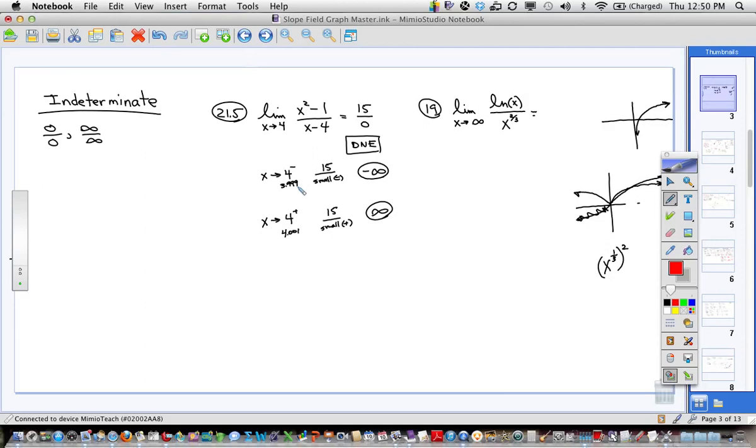But here's what I would like you to think of. Remember, natural log is the inverse of e to the x. And remember, we said exponentials grow way faster than powers do. So that means this goes up really, really steep. So what does that mean this one does? It doesn't go up very steep.